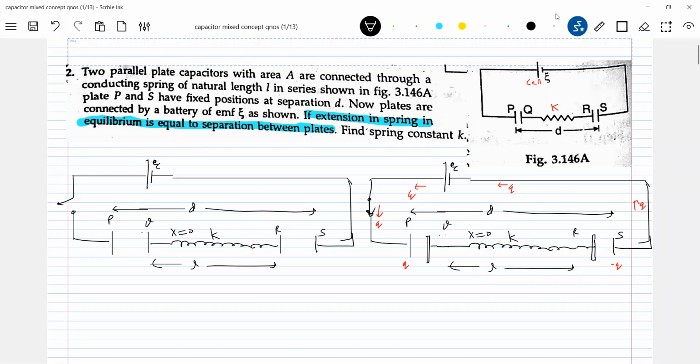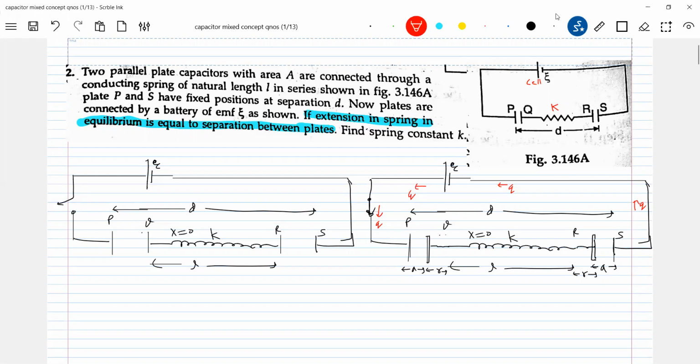The spring got elongated, so call that R. And what is the separation? Let it be equal to A. Once you get the diagram, it'll be much easier. Now what is the electrostatic force acting here?